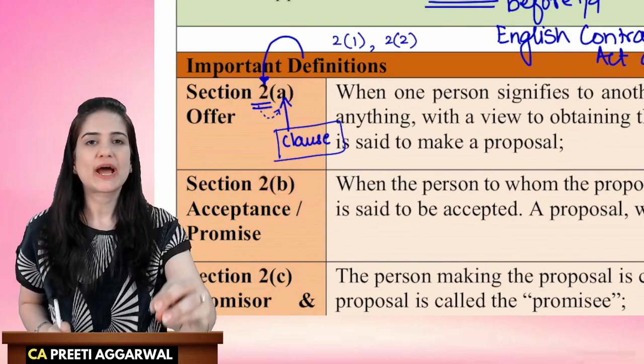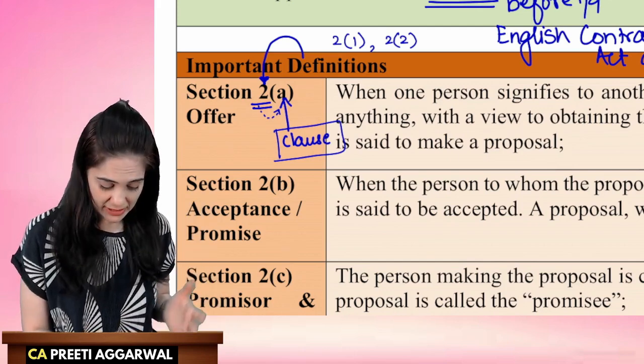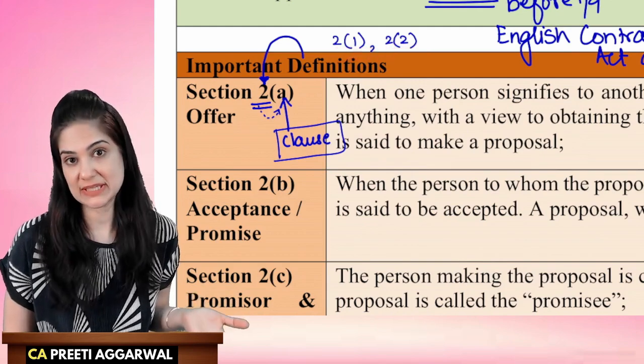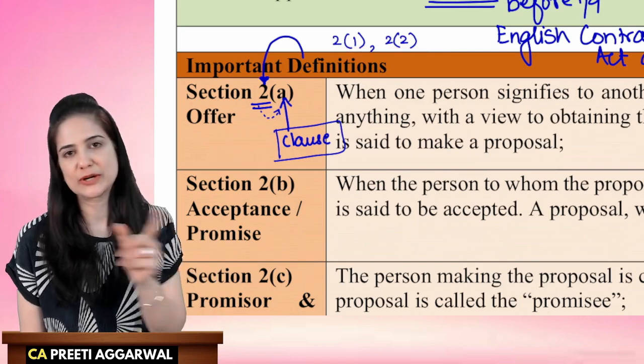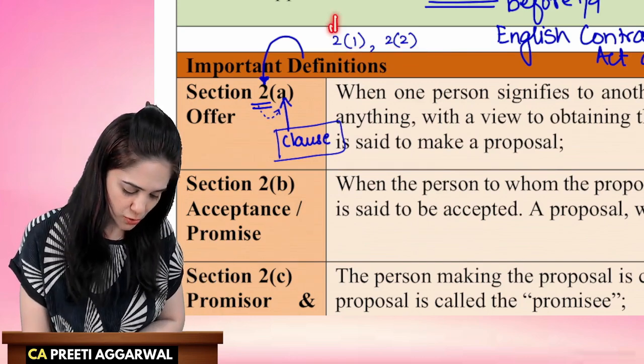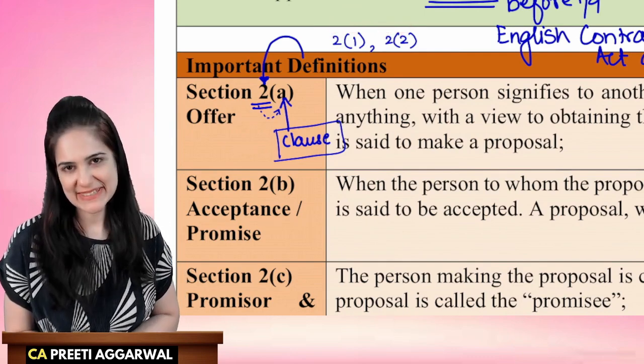So if in your act there are less than 26 definitions, then use ABC. But in Companies Act, there are more than 26 definitions, so we can't use ABC. In that case, the clause will read as 1, 2, 3. So section 2, clause 1, section 2, clause 2, because there are more than 26 definitions.